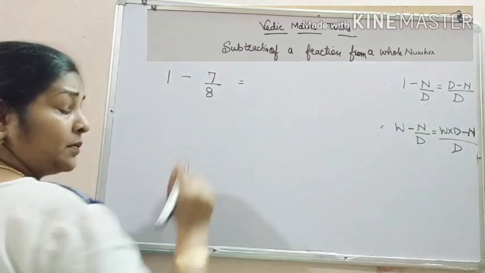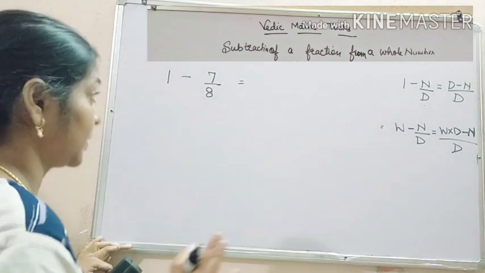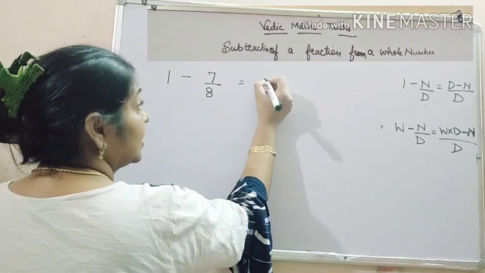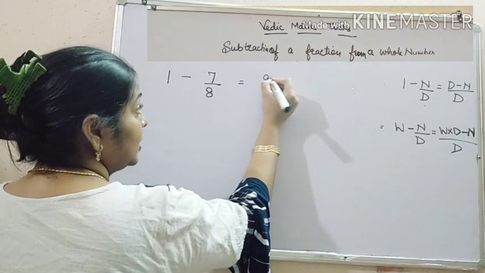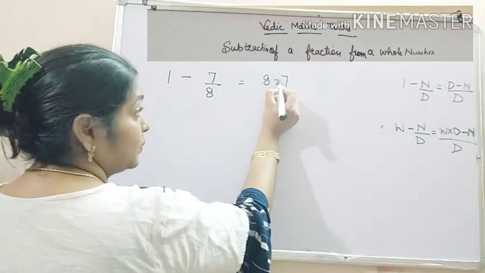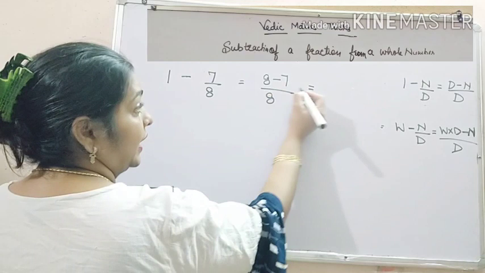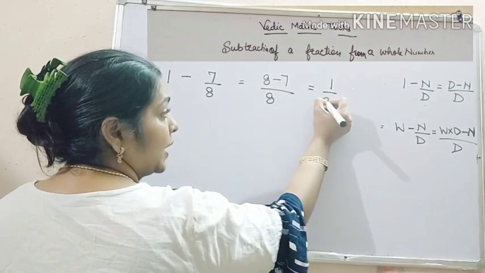The formula is similar to what we have done in the previous trick. What is it? Denominator minus numerator, because here there is a minus sign, so we put minus over here, upon denominator. That is 8 minus 7, 1 by 8.